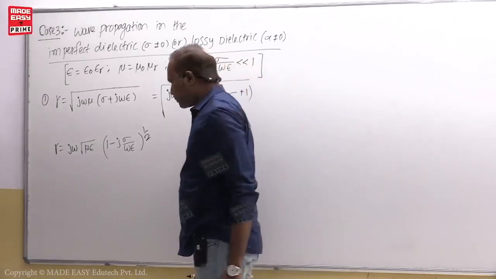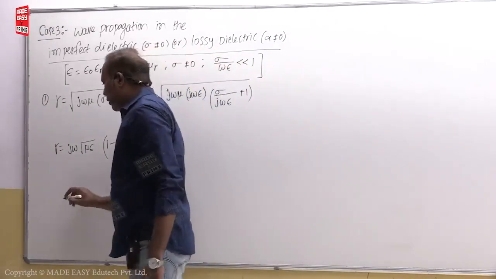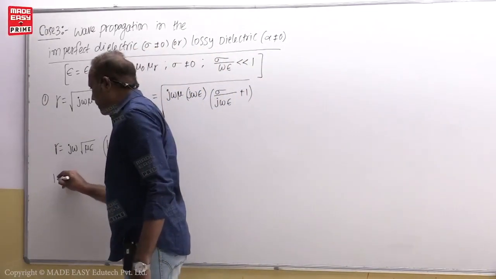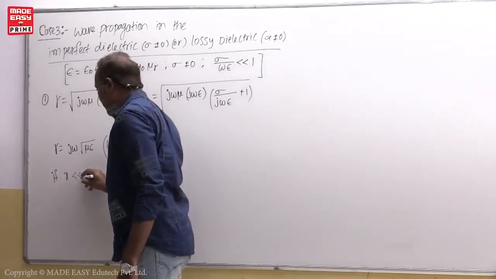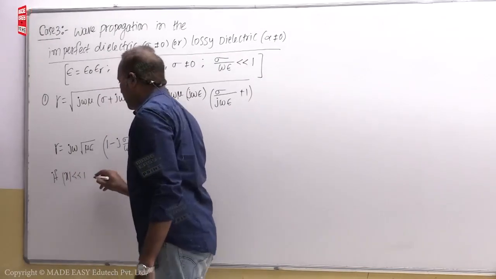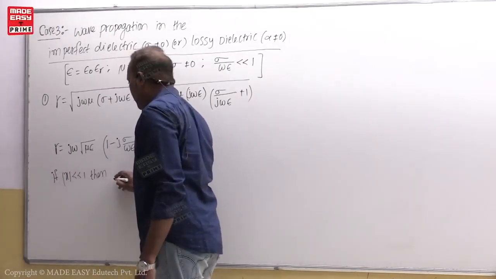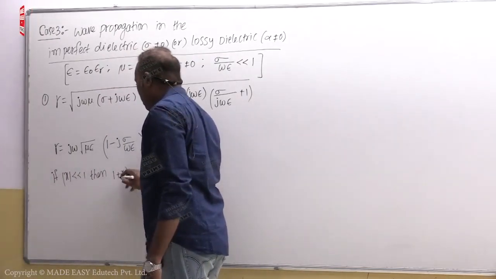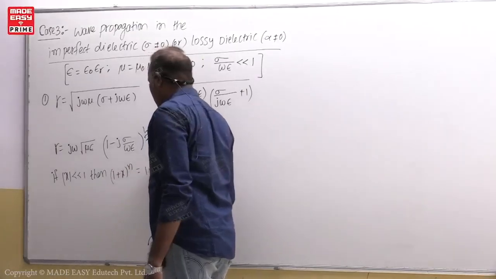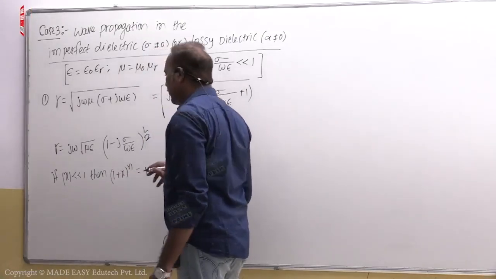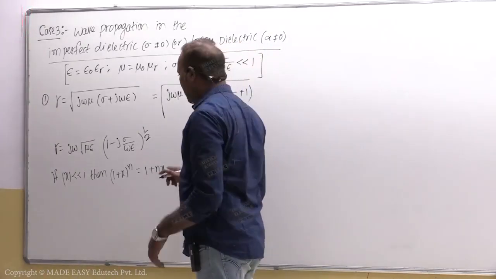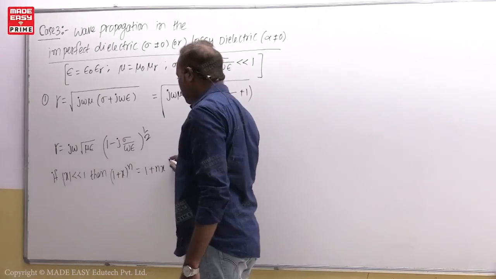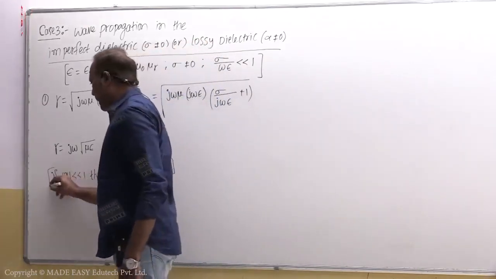Now, we know in mathematics one formula: if x is much less than 1, then 1 plus x whole power n is equal to 1 plus nx. Similarly, I am putting this in the bracket.